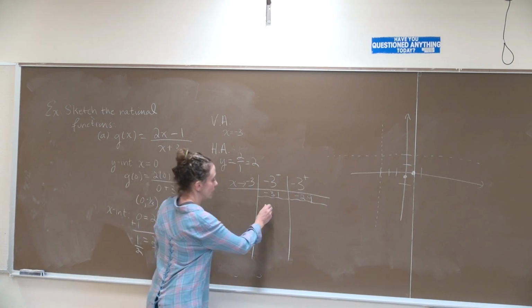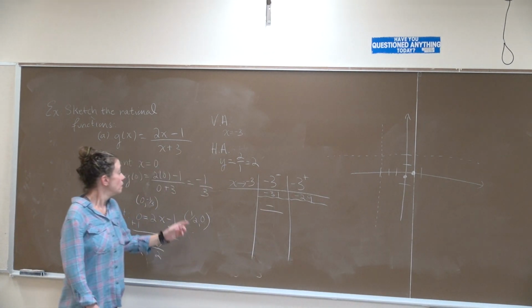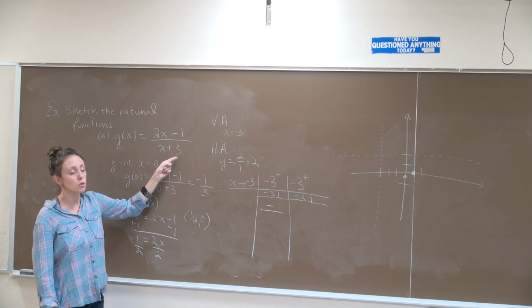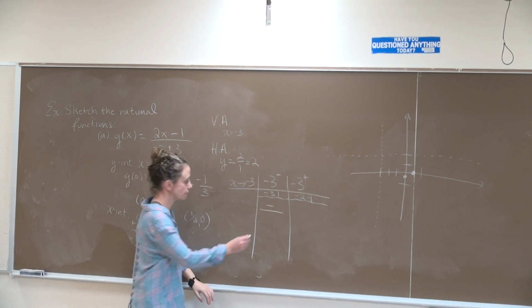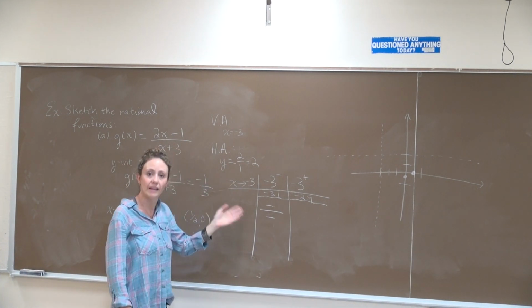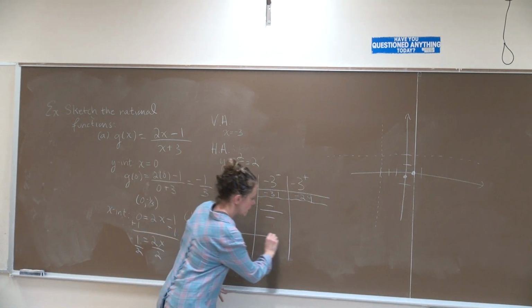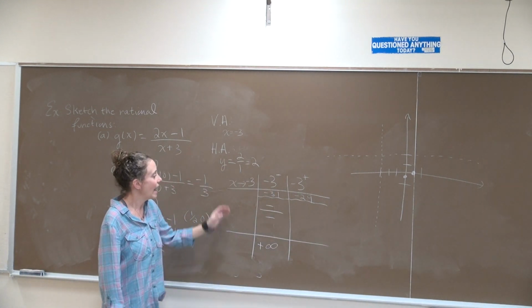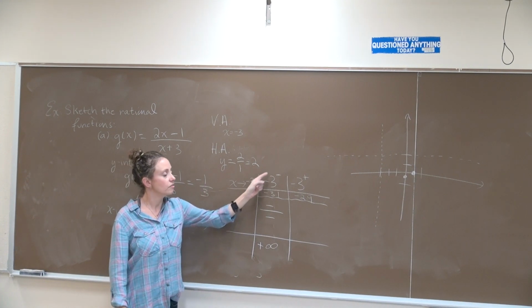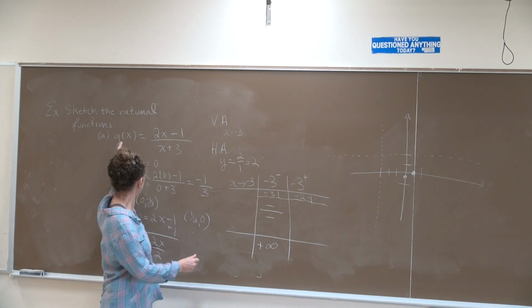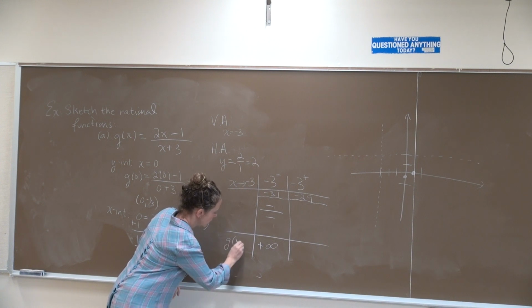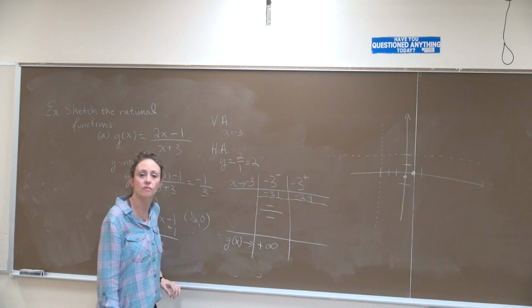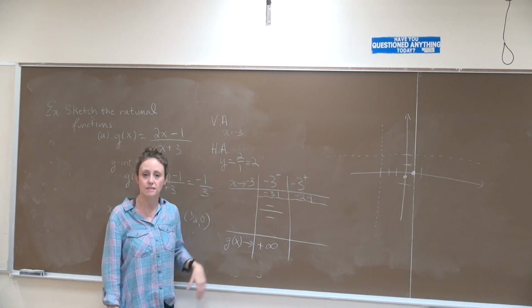So in our numerator, we have a negative. -3.1 plus 3 is also a negative. And as you know, a negative divided by a negative is a positive. Here's what this is telling us. As our x values approach -3 from the left, our y values, or g of x, are approaching positive infinity because the quotient was positive.